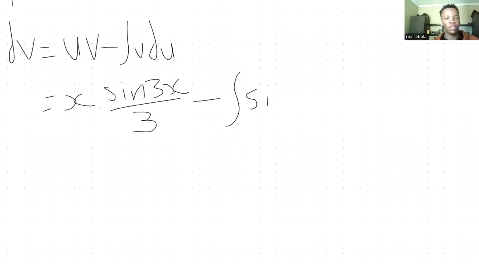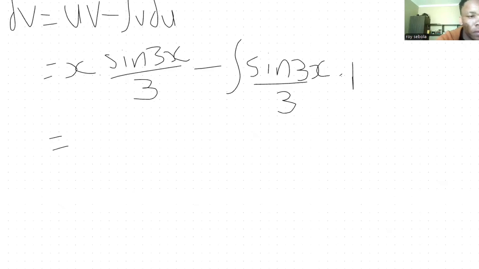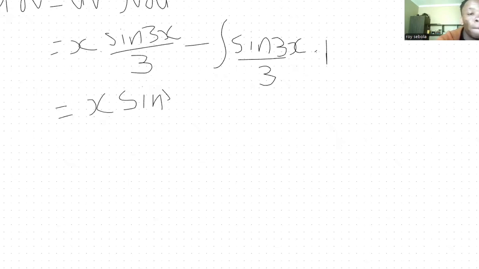And from here, we simply simplify. We will have x sine 3x divided by 3 minus, then from here we can simply take out the constant to make things easier for us.